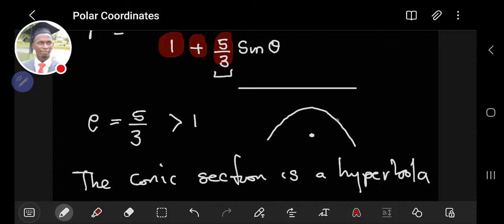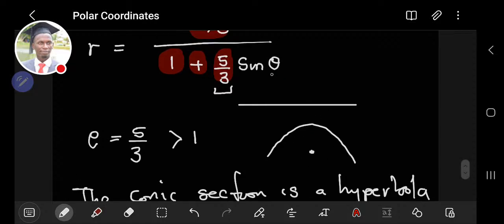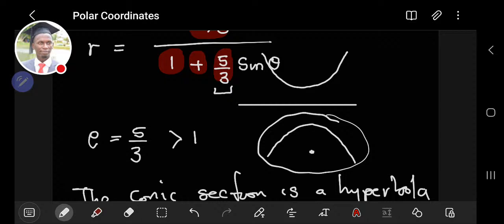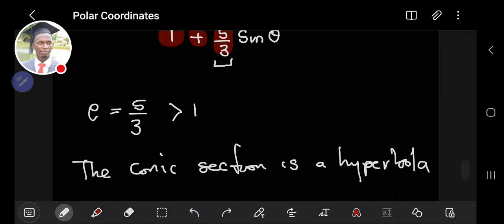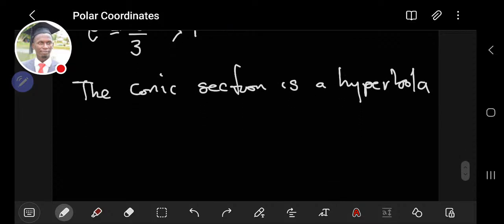If this piece opens down, then being a hyperbola, you expect that it's going to have another piece that will most likely go something like that. But when we say it's opening down, we're focusing on the piece whose focus is centered at the origin.